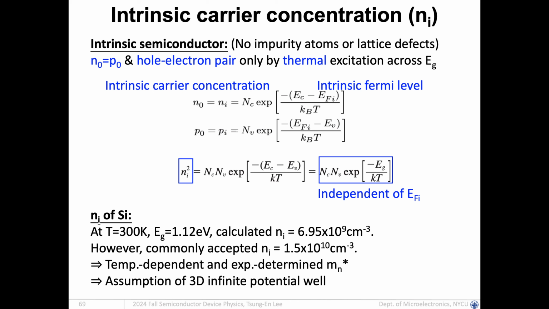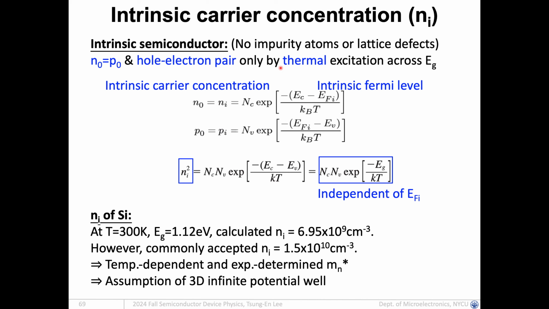It means that the hole carrier concentration and the electron carrier concentration are the same. The other important concept is that the hole and the electron form a pair. They are generated simultaneously by thermal excitation across the band gap.